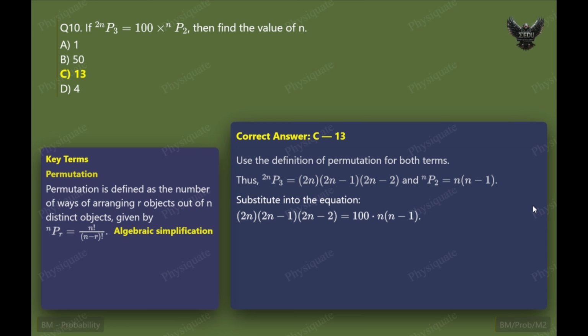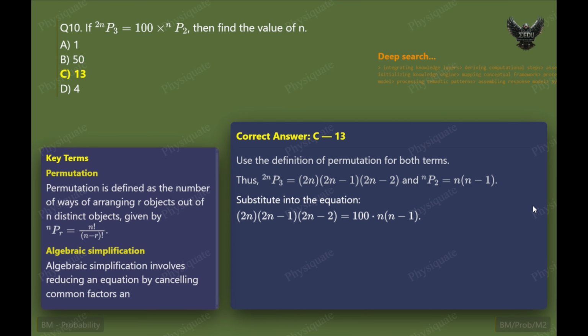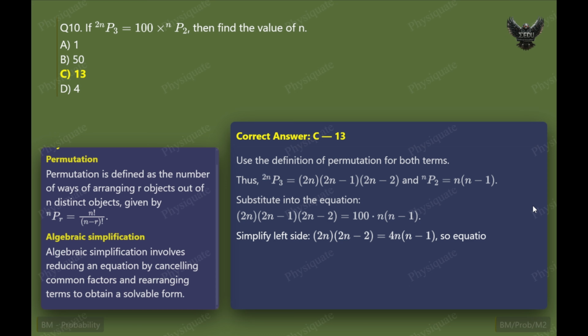Let us examine algebraic simplification. Algebraic simplification involves reducing an equation by cancelling common factors and rearranging terms to obtain a solvable form. Simplify the left side: 2n minus 2 equals 2(n-1), so the equation becomes 4n(n-1)(2n-1) equals 100n(n-1). Cancel n(n-1) from both sides.